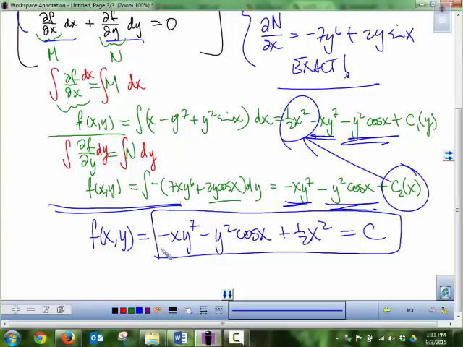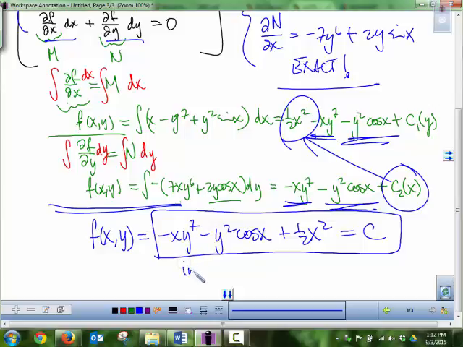Now, if for some miracle we were able to solve for y, then that's a big plus for us because we can get our function as an explicit function of y. But solving for y, this is y to the 7th and y squared. You can't solve for that. So we have to just settle for this.